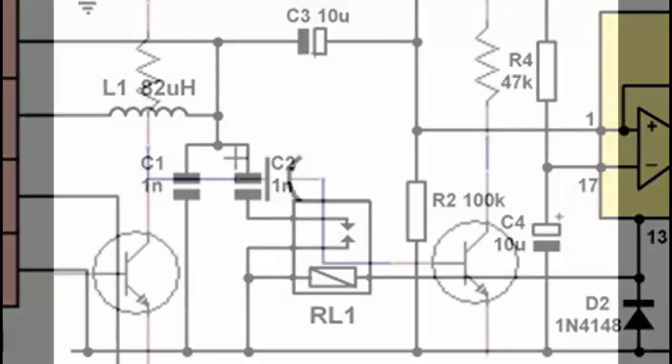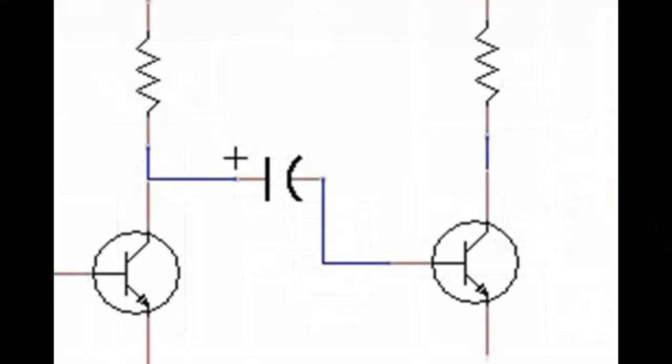In this diagram, where one end of a capacitor is connected to the collector of an NPN transistor and the other end to the base of another NPN transistor, the more positive point would be the collector of the transistor. So that is where the positive lead of the capacitor will be connected.